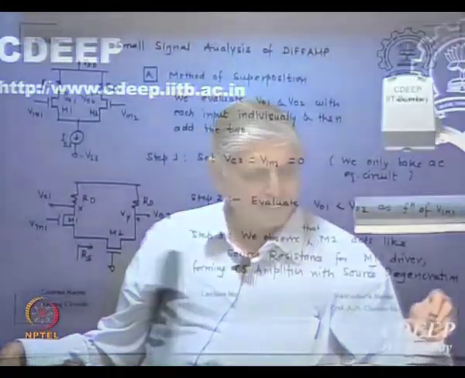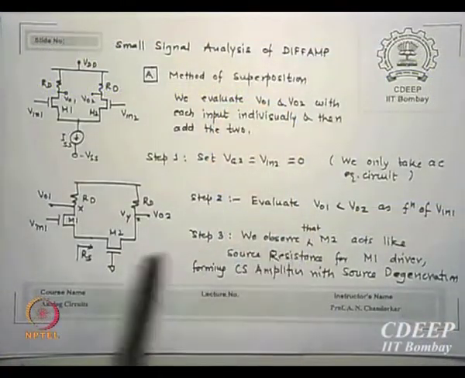Now I can see, very interestingly, I want to find VO1 and VO2 with reference to the input Vin1. This is my step 2, what I am looking for. That means I want VO2 in terms of Vin1.